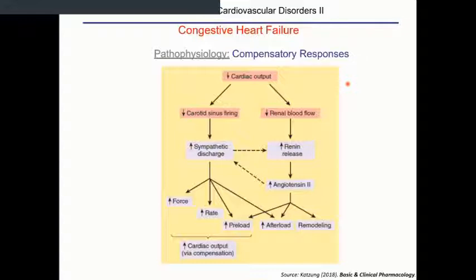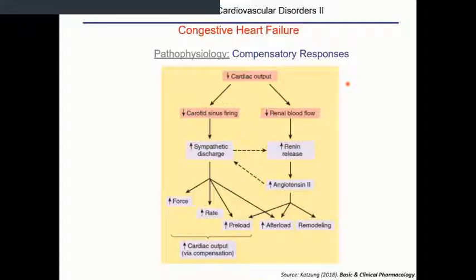It will have an antidiuretic effect, and it will also increase the afterload because there will be increased pressure in the vascular system. And of course, your angiotensin 2 is also implicated with remodeling in the chambers of the heart. And all of this will have an impact in terms of cardiac output.